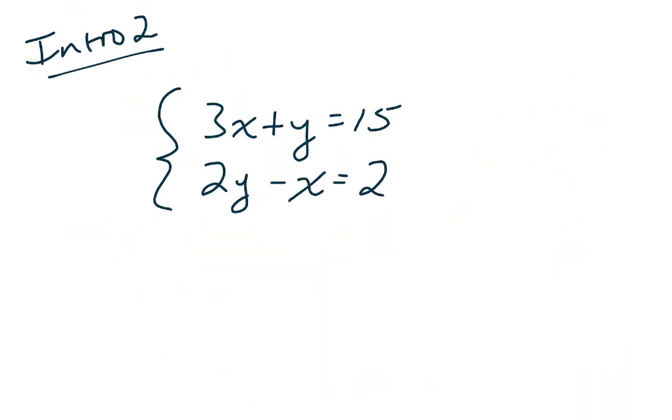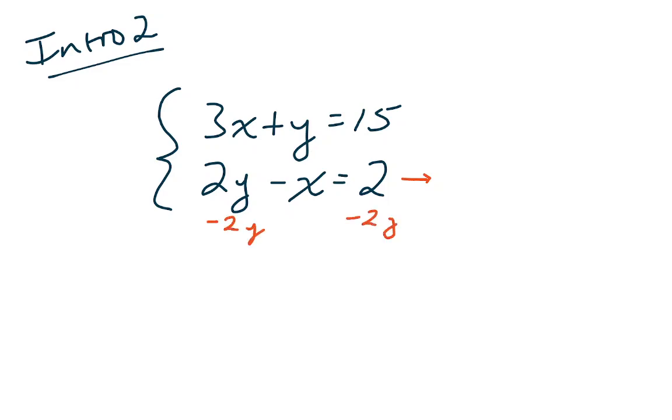What if you don't have an equation that is already equal to x or equal to y? Well, that's no problem, because you could solve one of your equations for x or y. Now, just so we don't think that we always have to solve for y, you can solve for x, that is, you can solve maybe the second equation for x, if we just do a little bit of inverse operations.